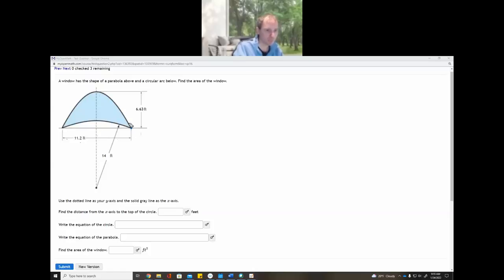So we're going to go half of the distance on the right and half of the distance on the left. So if I take 11.2 and divide that in half, we'll get 5.6. And I do know what the y value is, right? Because we decided to make this solid line our x-axis. That's going to be 0. So that gives me one of the points right away.